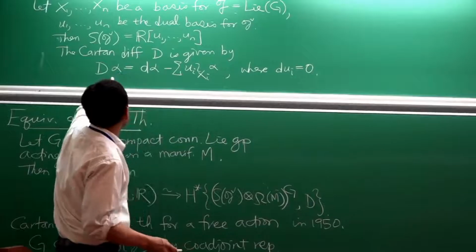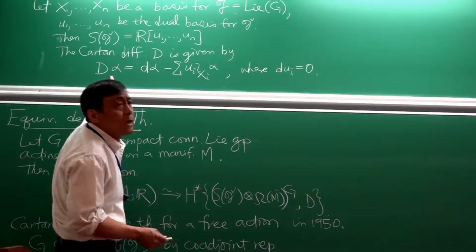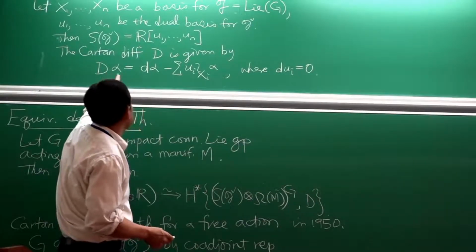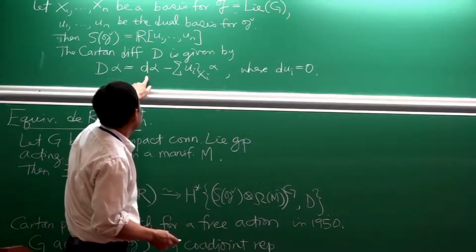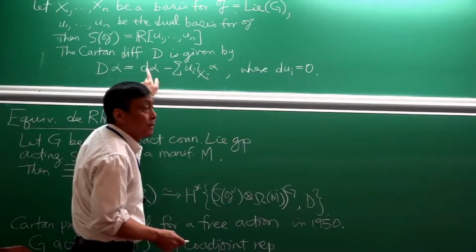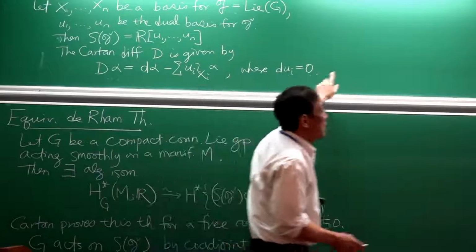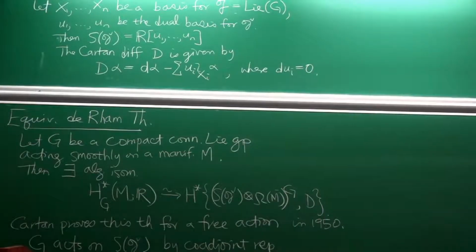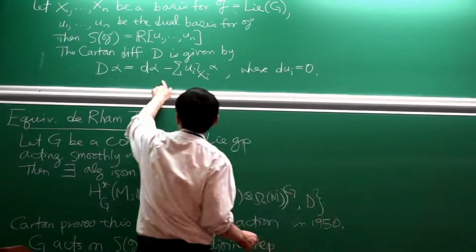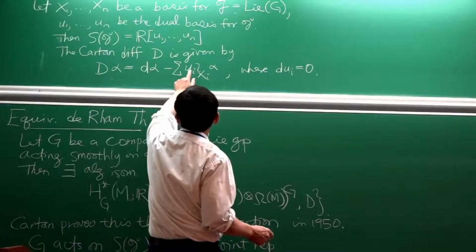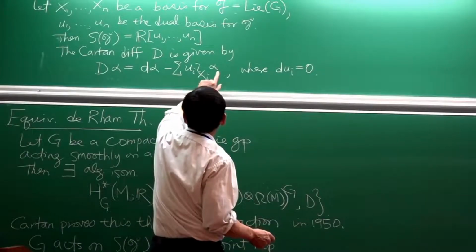Okay, now this is the formula for the Cartan differential. You first take d of alpha, okay, and this d is 0 on u's, so it's 0 on the polynomials. And then you have u_i i_{X_i} alpha.